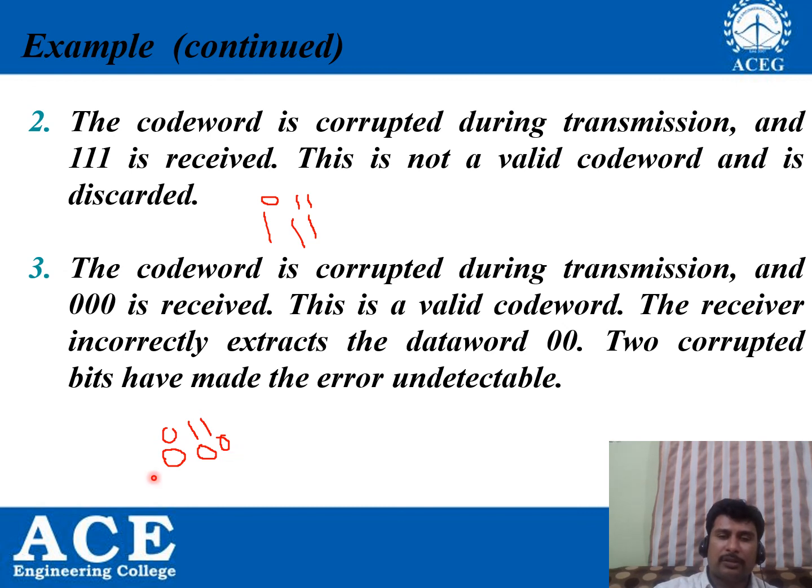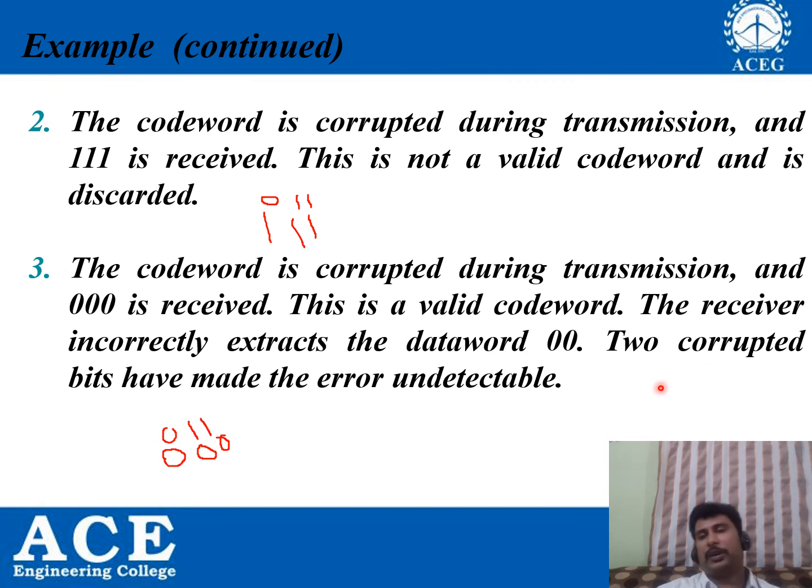The code word 0 0 0 actually resembles the code word of the data word 0 0. Instead of interpreting it as an error, it will consider the data as 0 0 and forward it to the receiver. So you transmitted 0 1, received 0 0, and it was still considered correct. The reason is simple: the parity check is suitable for 1 bit error detection but not for more than 1 bit of error detection.